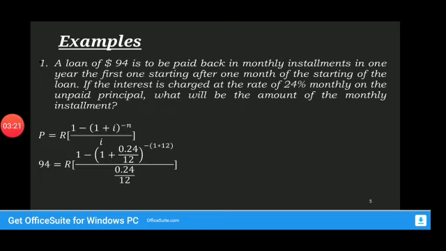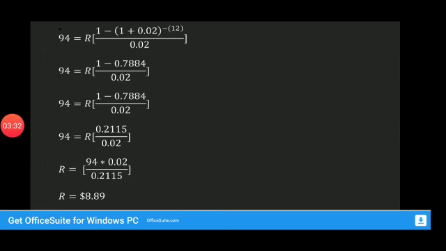And the loan is for 1 year, and in 1 year there are 12 months, so n would be 1 multiplied by 12. Moving forward, by putting the values in the formula and simplifying it, we get the result that R is equal to $8.89.